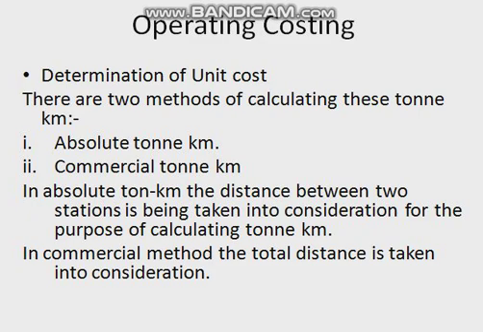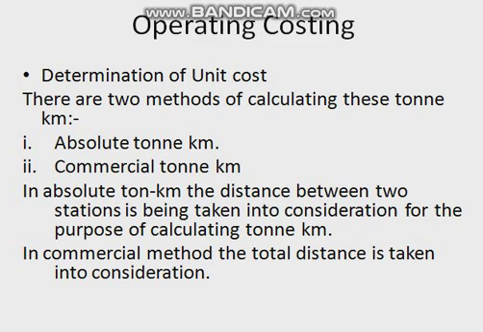Then we take the average tons carried and multiply it with the total distance. First of all, from A to B it took 10 tons, then from B to C it took 6 tons, then from C to A it took 8 tons. So 10 plus 6 plus 8, we will find out the average. Average means we will be dividing by 3.